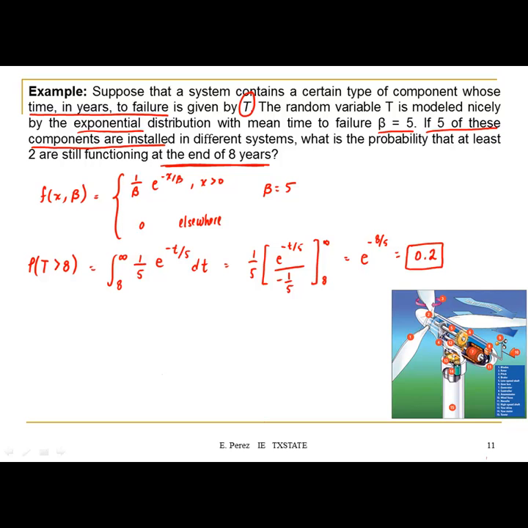Correct. So we are going to use this probability, 0.2, and we're going to look now at having at least 2 of them working after 8 years. Okay, so we know the probability, so let X represent the number of components functioning after 8 years.